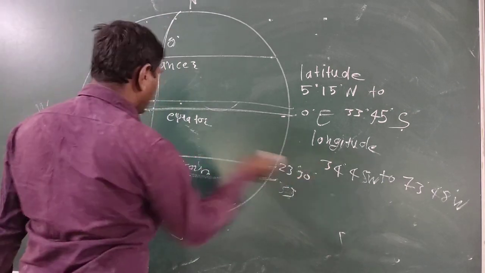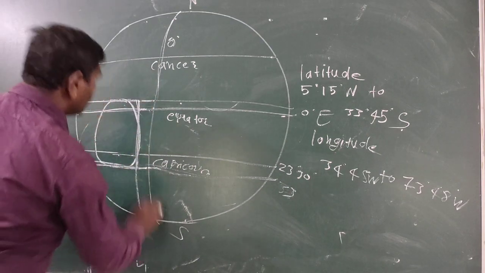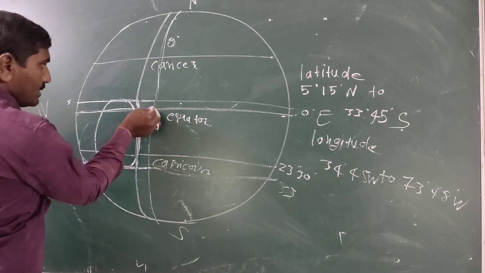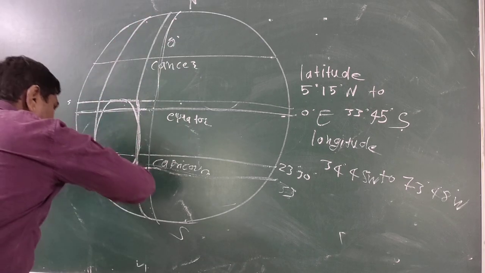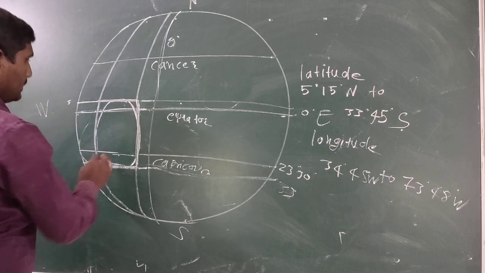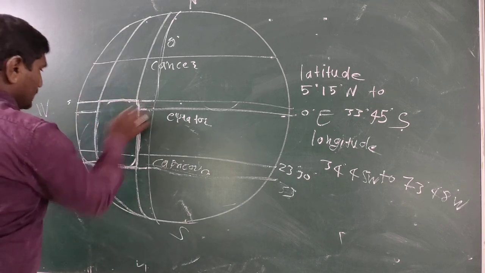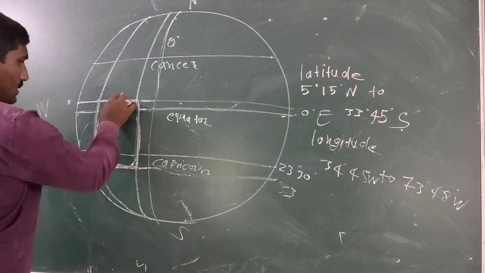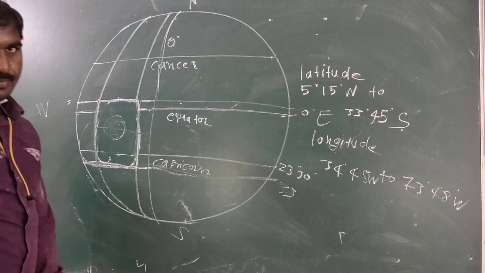For example, this is the 34th line, and here the 73rd line. So between this box, this is the latitudinal extent and this is the longitudinal extent. Between these lines we can see the location of Brazil.